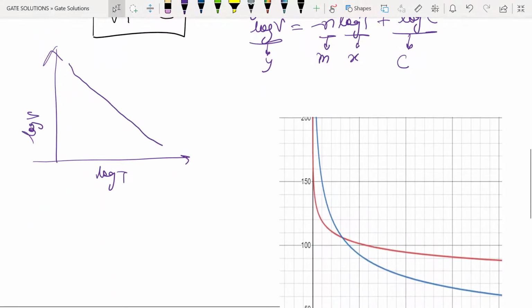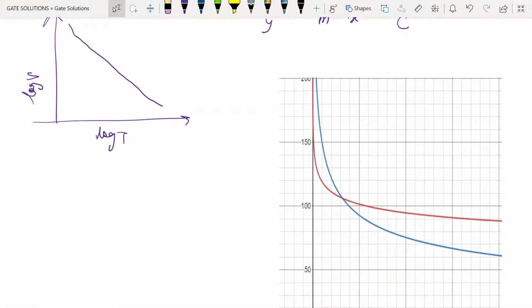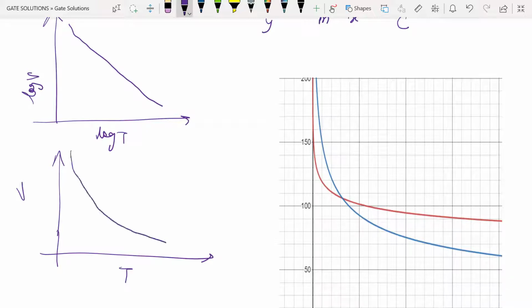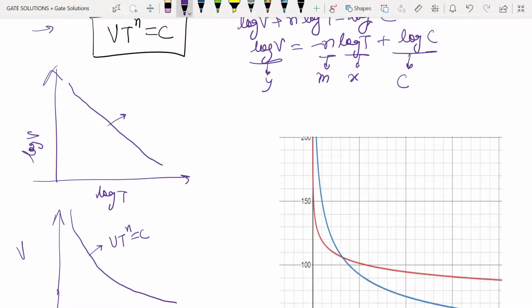And if we draw V versus T, we get this kind of curve. So this is V T raised to power n equal to C, and this is log V equal to minus n log T plus log C.